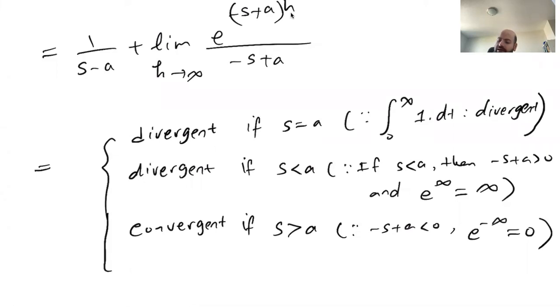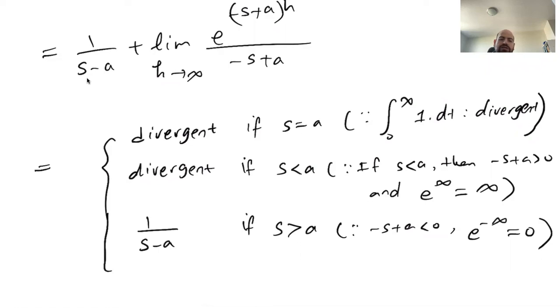So convergent to which number? E to the power minus infinity is 0, so this will be 0 over something, which is 0, and I will have convergence to this number. If I want to be more specific, it equals 1 over s minus a.